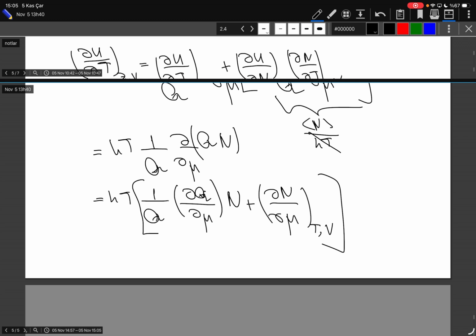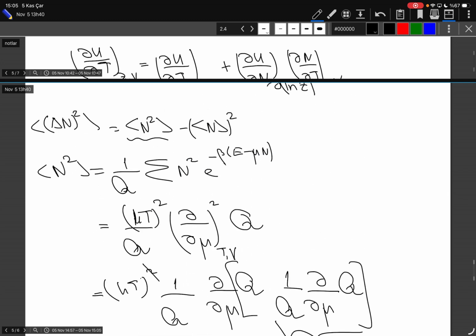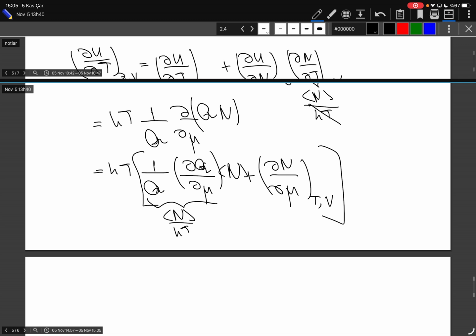Well, it's again nice because this derivative over here is just n over kT. So what I was evaluating, I'm looking at n squared average.